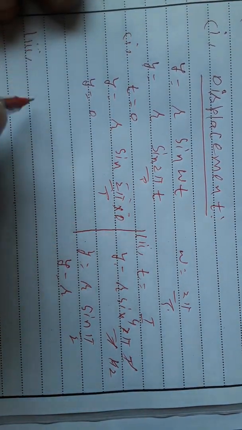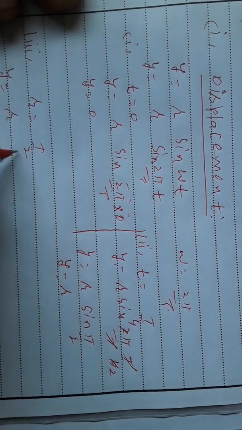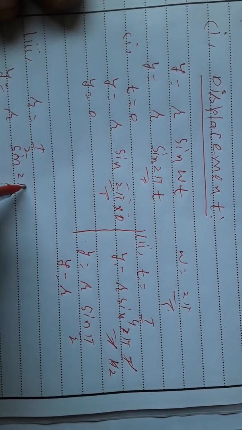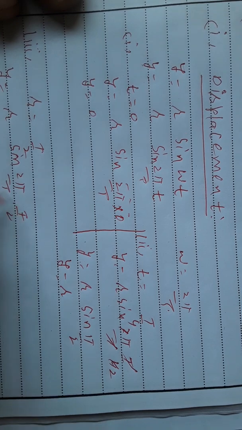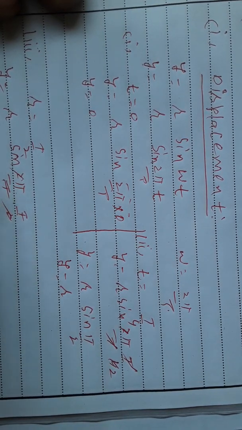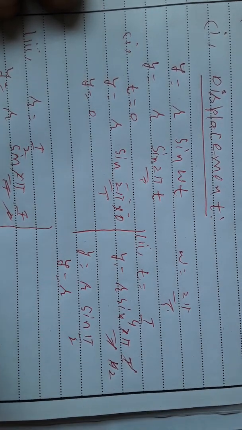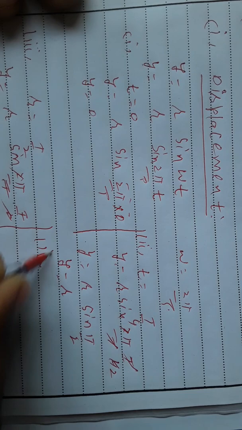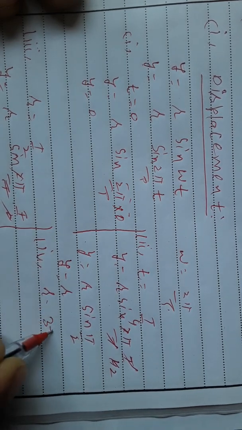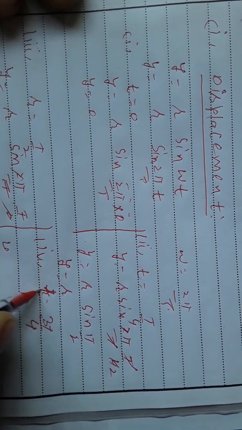In the third, small t is equal to T by 2. Y is equal to r sin 2 pi upon T into T by 2, cancelled. Y is equal to r sin 180, which is 0. So displacement is 0. Next, fourth, small t is equal to 3T by 4.